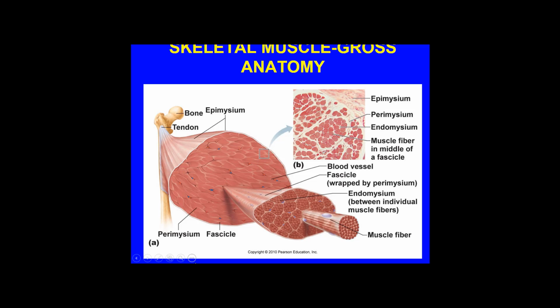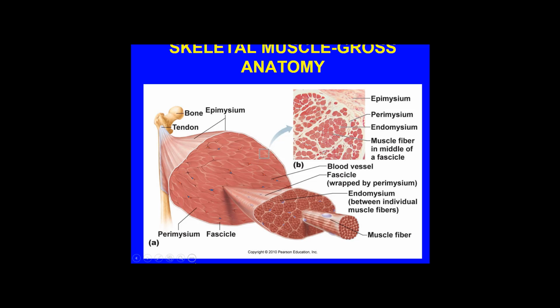Now, remember we talked about origin and insertion? Well, we'll come back to this in a little bit because it is important. But when you start looking at the connective tissue, it also will contribute to the elasticity of the muscle. So the amount of flex and recoil is extremely important.